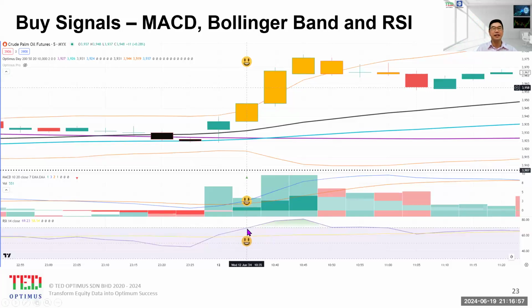When the RSI goes above 70, you should sell. But the problem is, to me as a short-term momentum trader, especially day trading, this is the entry for me. That means other people will sell at 70, I will start buying. Other people will sell when the bar touches the upper Bollinger Band. People will sell, I will buy.